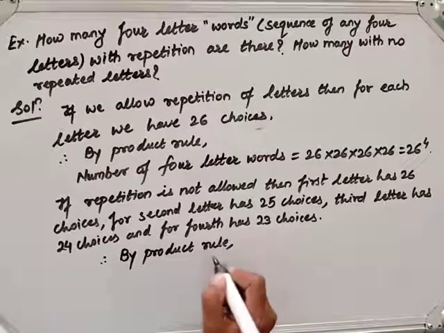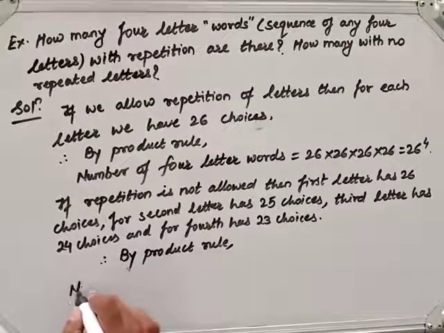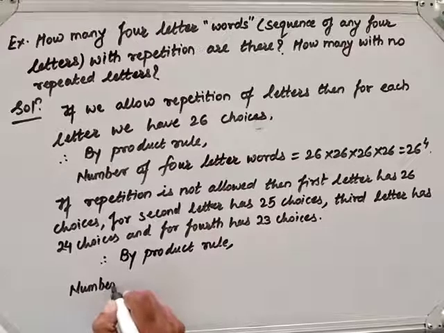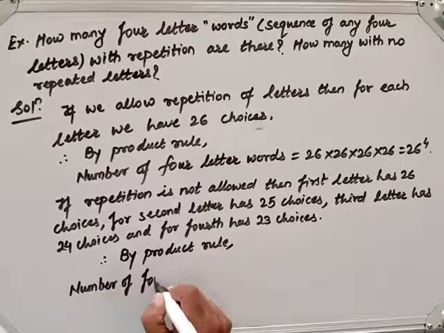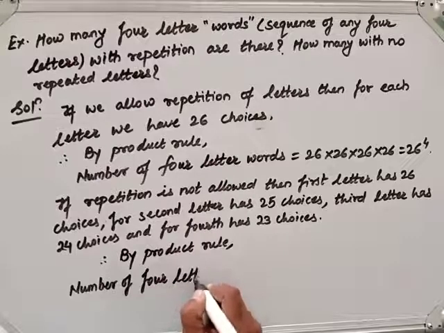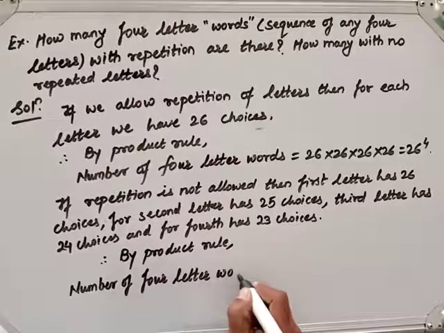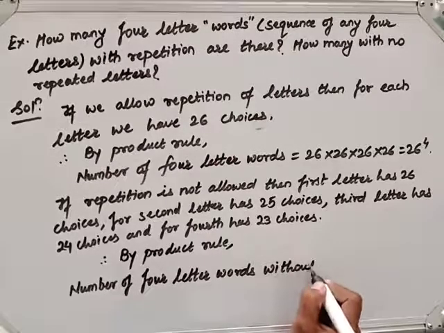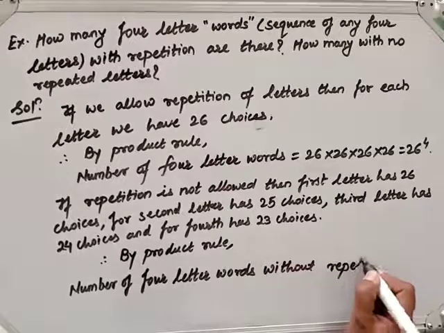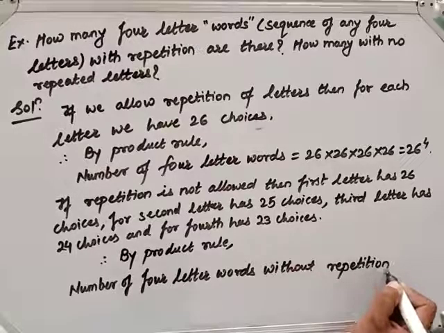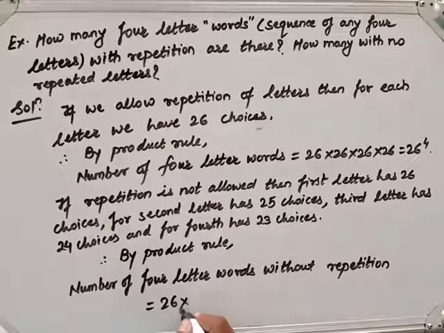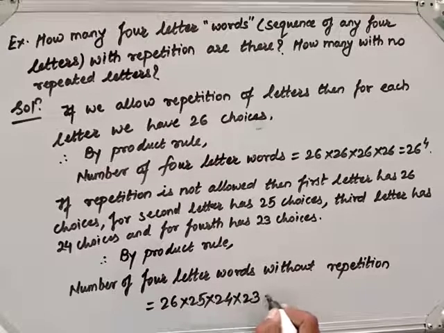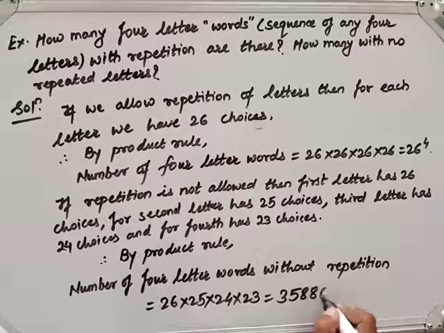the number of 4-letter words without repetition is 26 multiplied by 25 multiplied by 24 multiplied by 23, and that is 358,800.